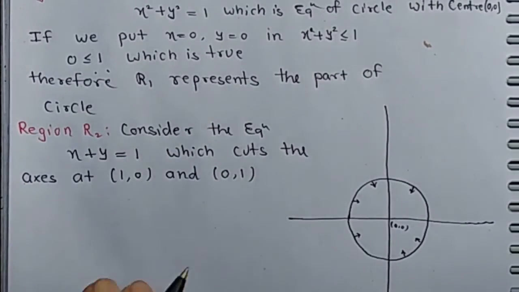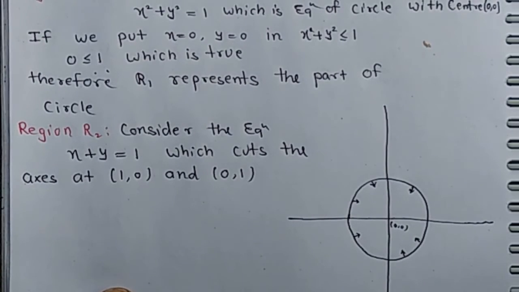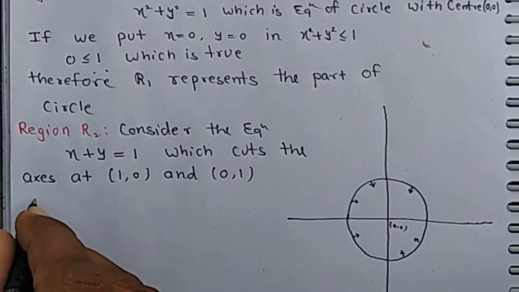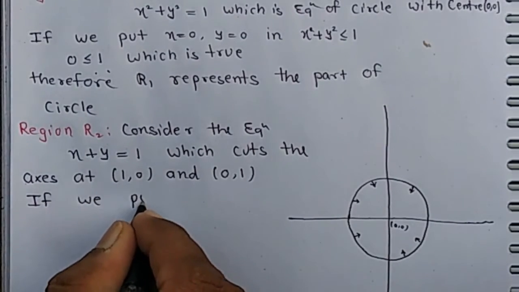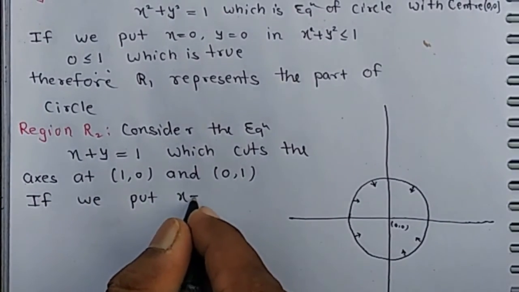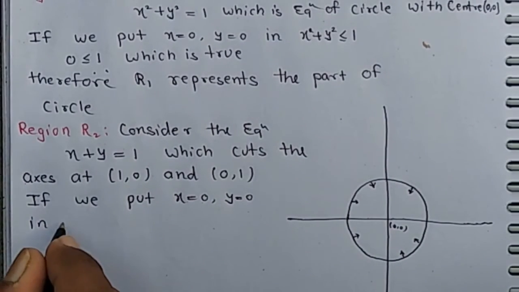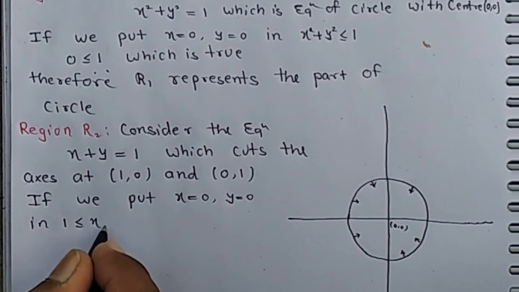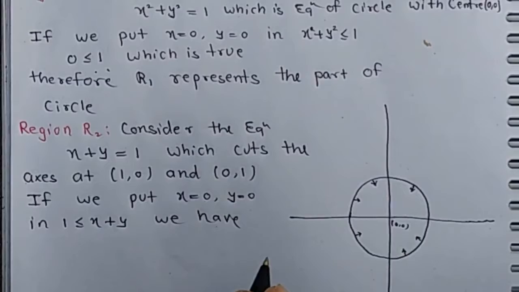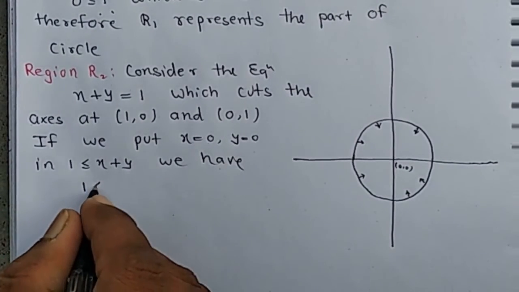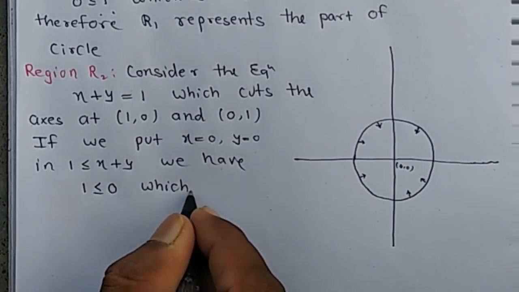It is a line which cuts the x-axis at (1, 0) and the y-axis at (0, 1). If we put x equals 0, y equals 0 in 1 is less than or equal to x + y, we have 1 is less than or equal to 0, which is false.